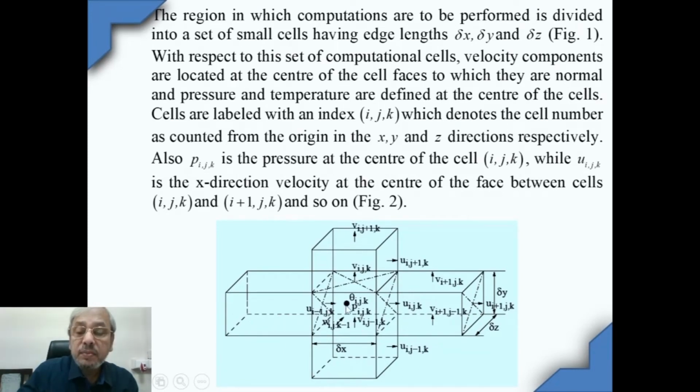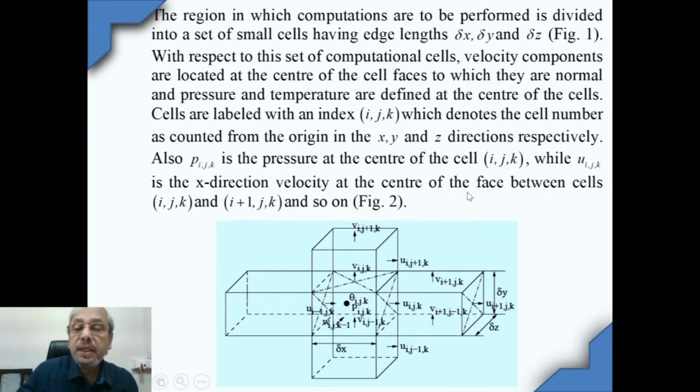And at the center of the cell, we can see that Pijk has been defined. We'll also calculate temperature later. That is why theta ijk has also been defined at the center of the cell. So this is the IJK cell, and this eastern neighbor is the I plus 1 JK cell, a three-dimensional cell.